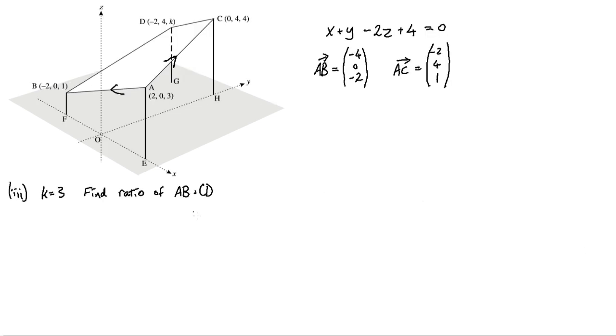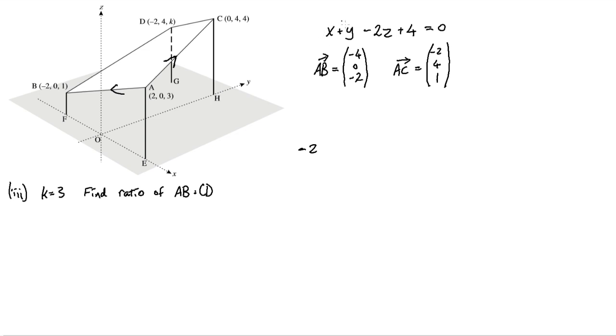So for this one, you just need to put in the value of D, and because it is coplanar, it satisfies the same equation, so we can just find the value of z or K. So in this one, it is minus 2.